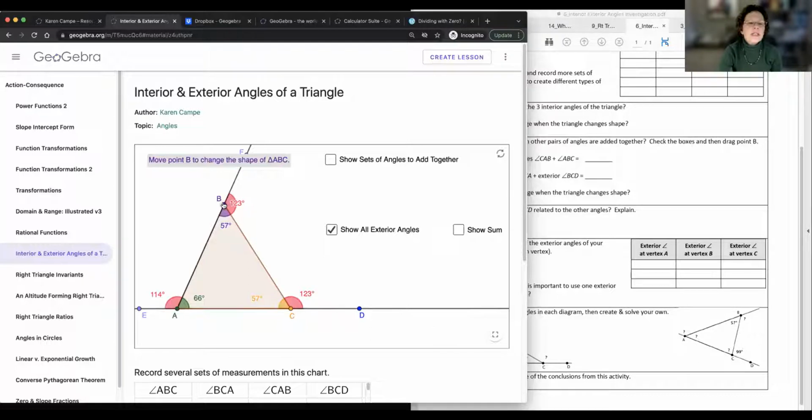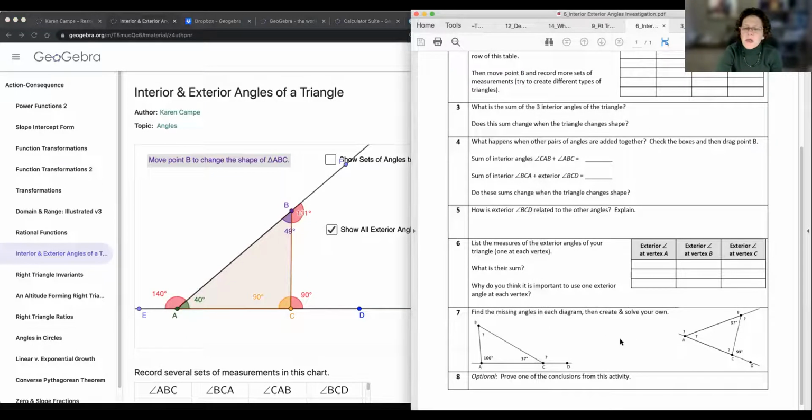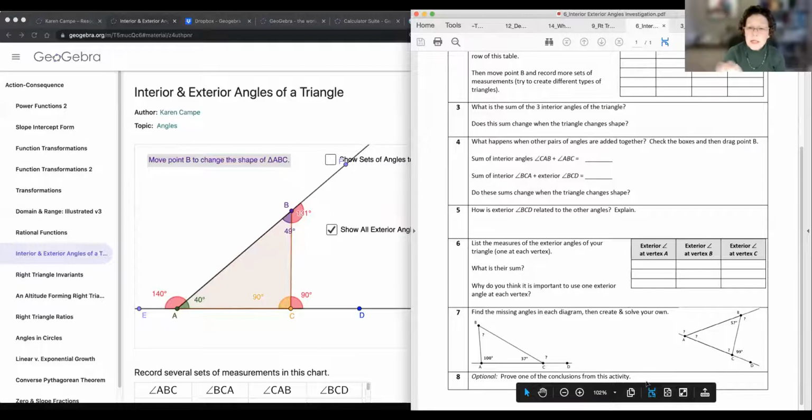So the three exterior angles, they are going to add up to 360, and that's another interesting and wonderful result. And finally, on the handout, ask students to predict what's going to happen, apply their knowledge, and then create and solve their own, or some other ways that you can build this understanding.